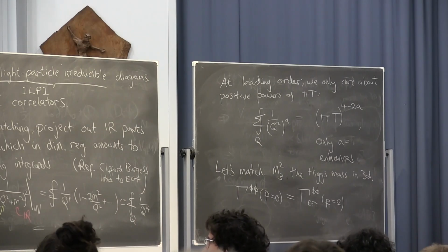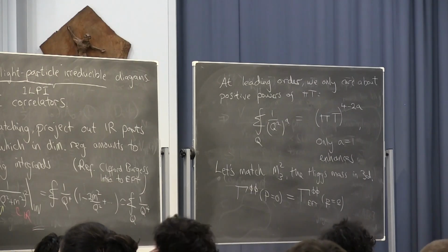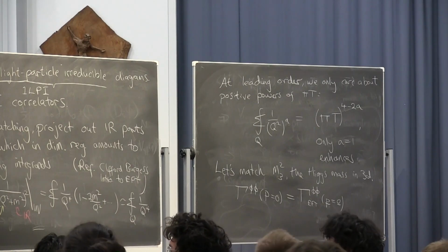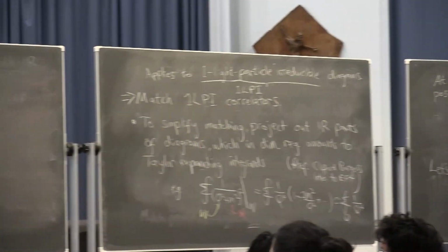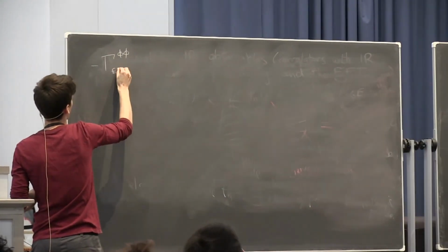So the 1PI correlation functions are minus the sum of 1PI diagrams in Euclidean signature. So let's have a look at gamma phi phi EFT first.